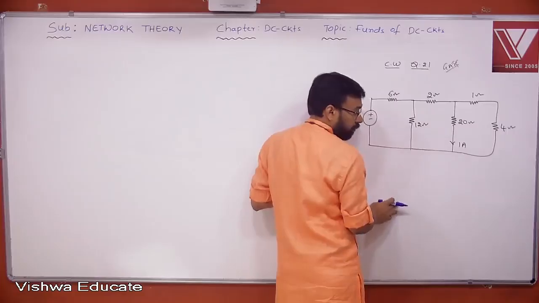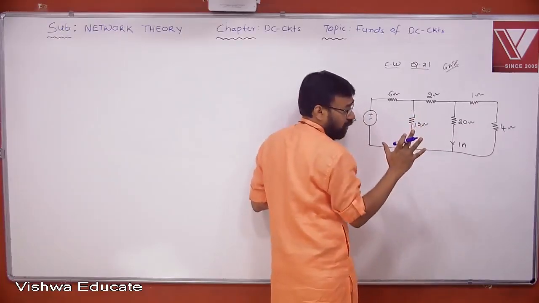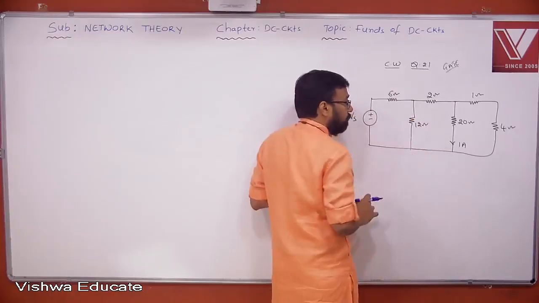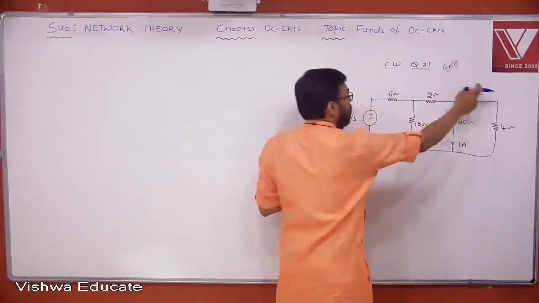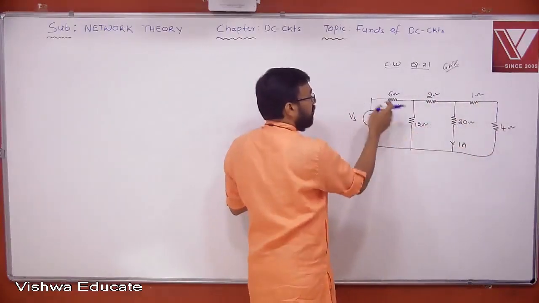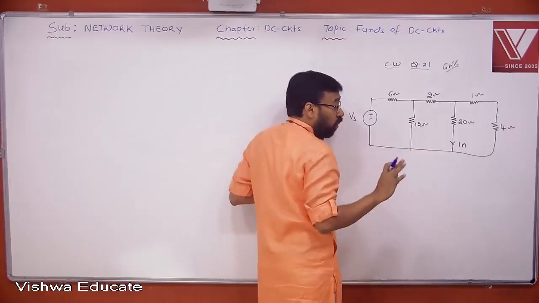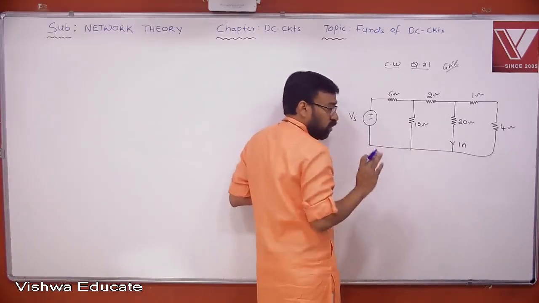Current through 20 ohm. Single source network. Just by looking at the network, you must realize that yes, this can be solved by jumping technique. How do you do that? The total resistance or input resistance can be determined easily just by using series parallel combination. That's it. Without even going for star delta transformation.